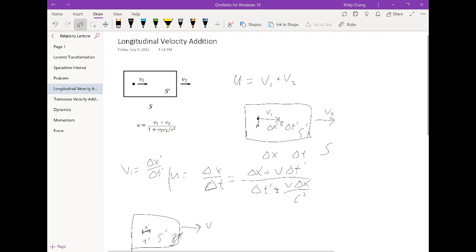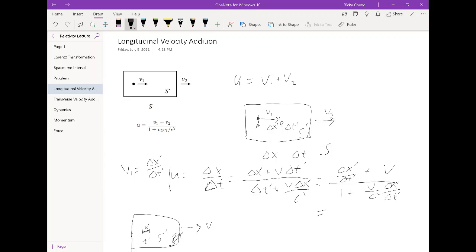So then obviously we can just do some algebraic manipulations. We can just get both parts so that they're all in terms of delta x prime over delta t prime, because as we know from here, v1 is equal to delta x prime over delta t prime.